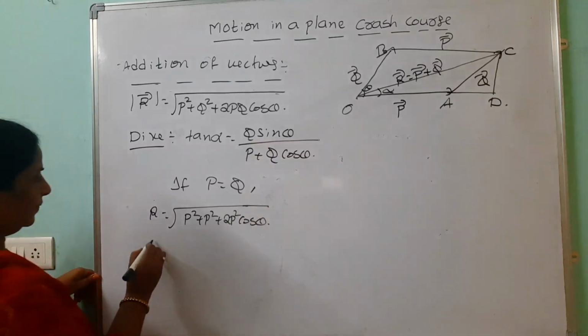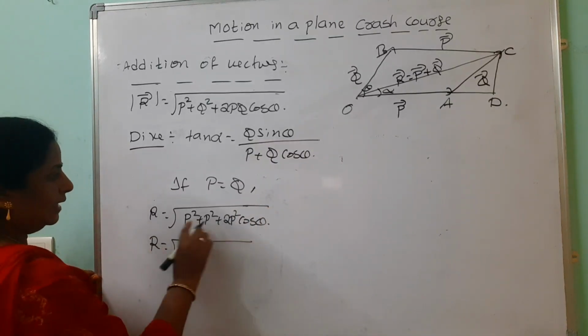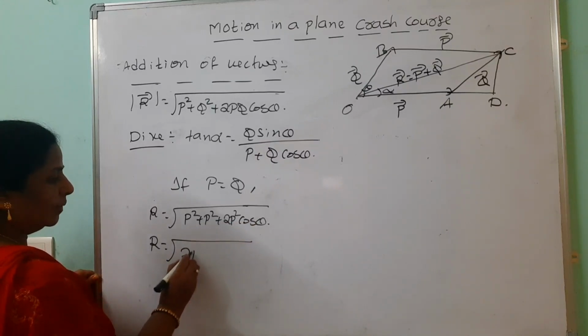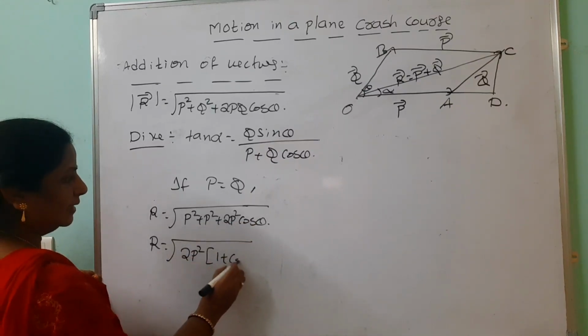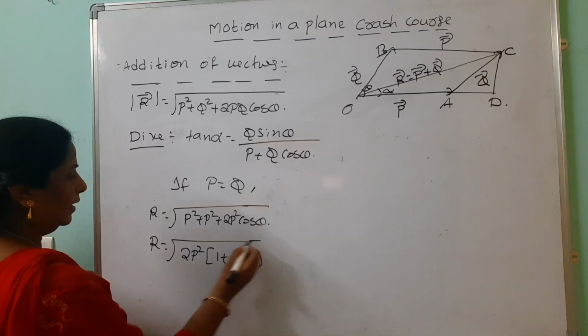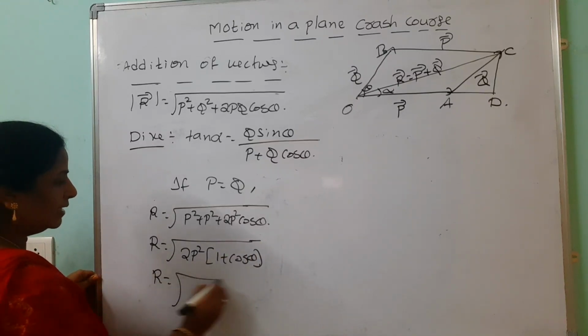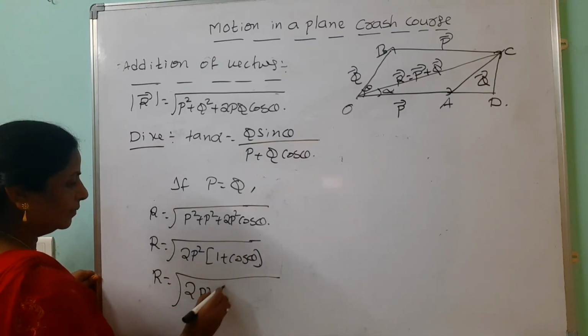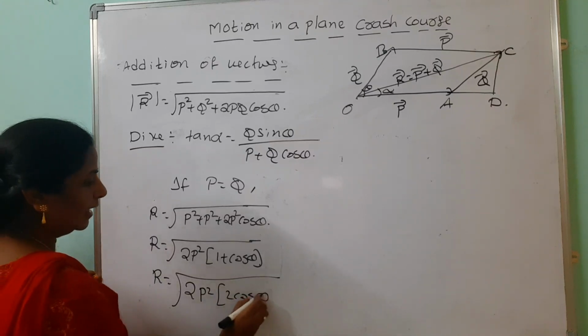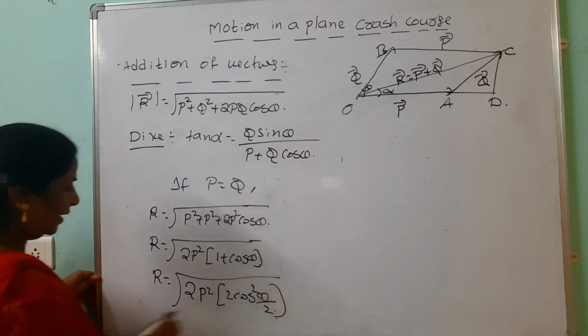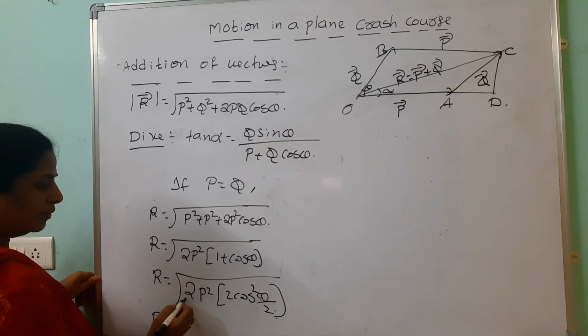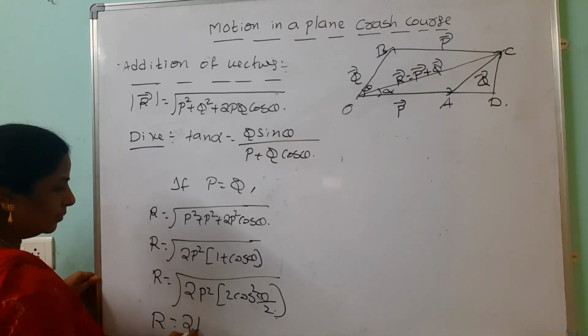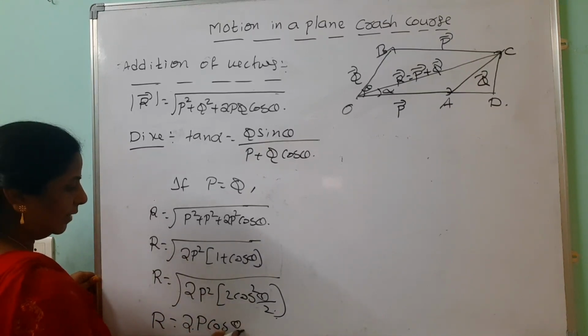Here 2P square is common, so you will get 1 plus cos theta. The formula for 1 plus cos theta is 2 cos square theta by 2. Taking 2 into 2, 4, under root 4 is 2P. So R equals 2P cos theta by 2.